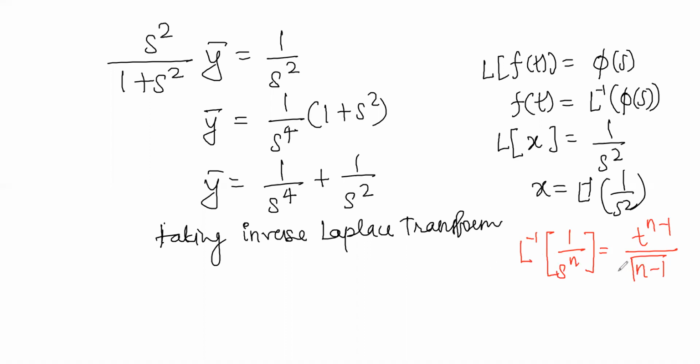No, I think there is one correction here. It should be just gamma n, because gamma n, if you expand, you will ultimately get n minus 1 factorial. So that is what I mean to say, but here I wrote by mistake gamma n minus 1.